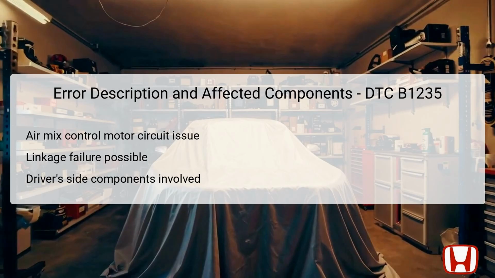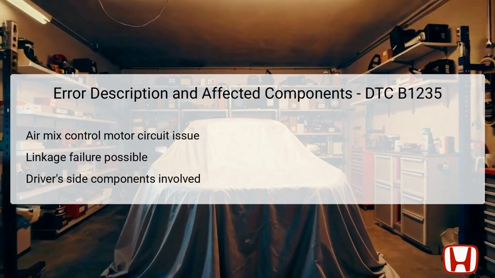The air mix control motor plays a crucial role in adjusting the temperature of the air flowing into the cabin, effectively mixing warm and cool air to achieve the desired climate set by the driver. The location of this component is typically within the dashboard, connected to the climate control unit via various wiring harnesses that can suffer from wear or damage.